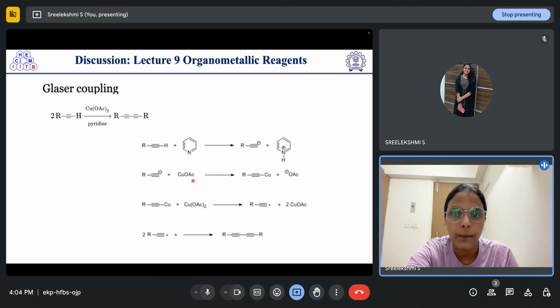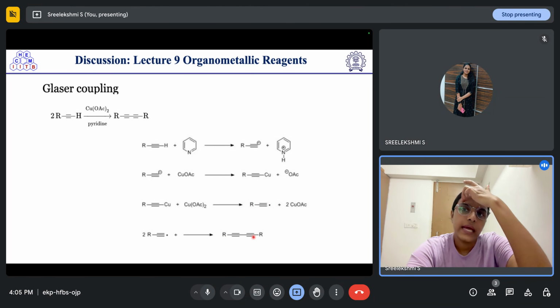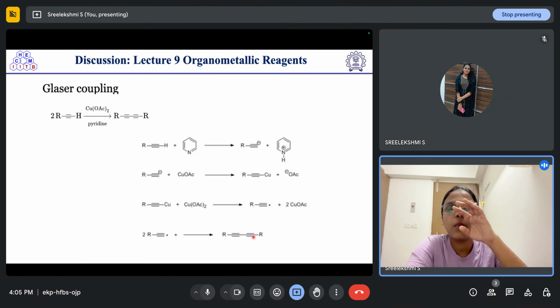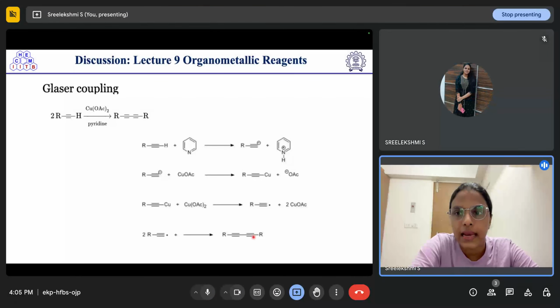Here we are using copper 2 acetate and form this copper acetylide complex, and then it will react with the second molecule of this copper catalyst, and it will form this radical, and then this radical will undergo homocoupling with another same radical of another compound to form this homocoupled product. So that is Glaser coupling. It is basically homocoupling between two terminal alkynes in presence of copper and pyridine.